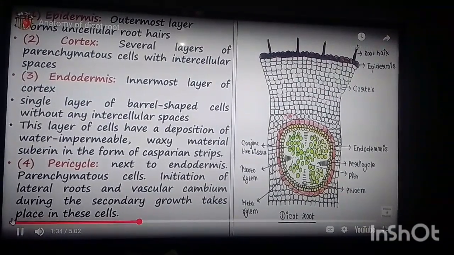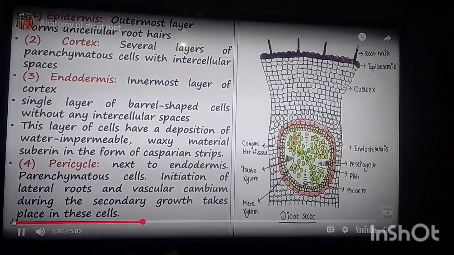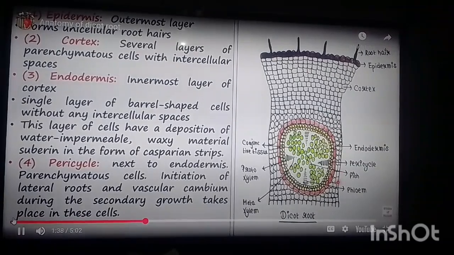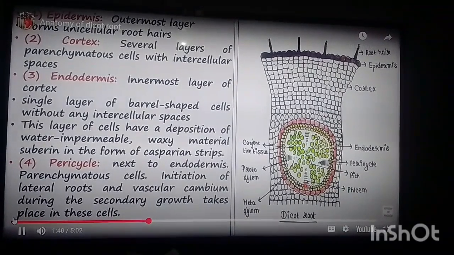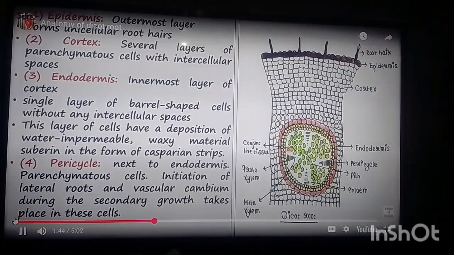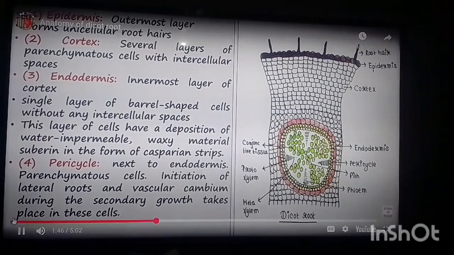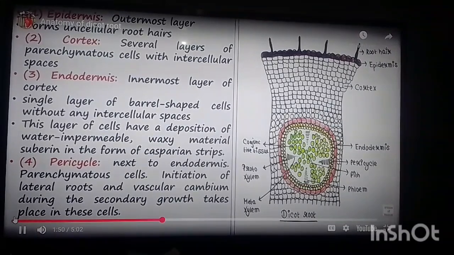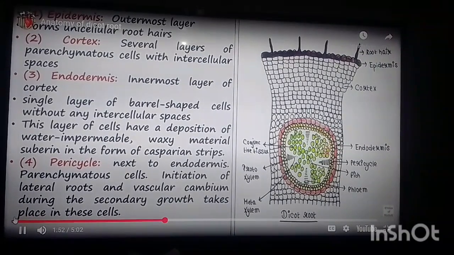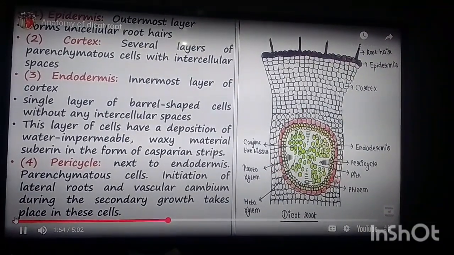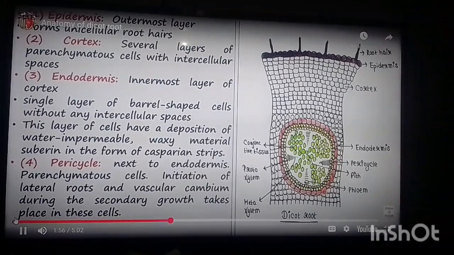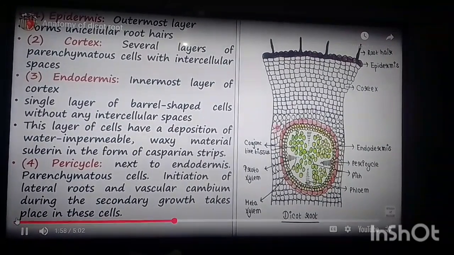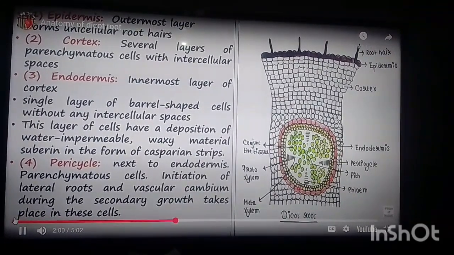Next layer is the endodermis. Basically, the endodermis is the innermost layer of the cortex, and here you can find a single layer of cells. This brown one is the endodermis. Only one single layer of cells is present here, and these are barrel-shaped cells with no intercellular spaces between them.